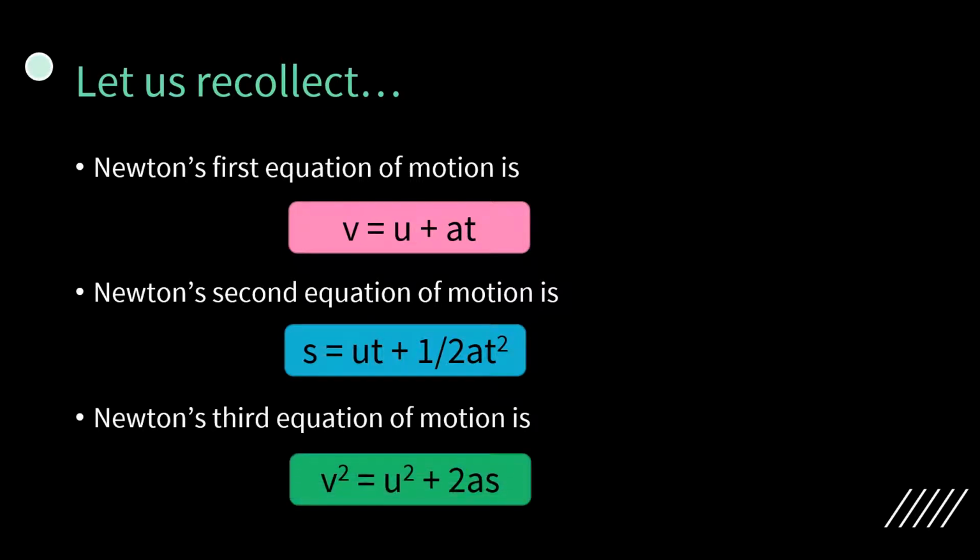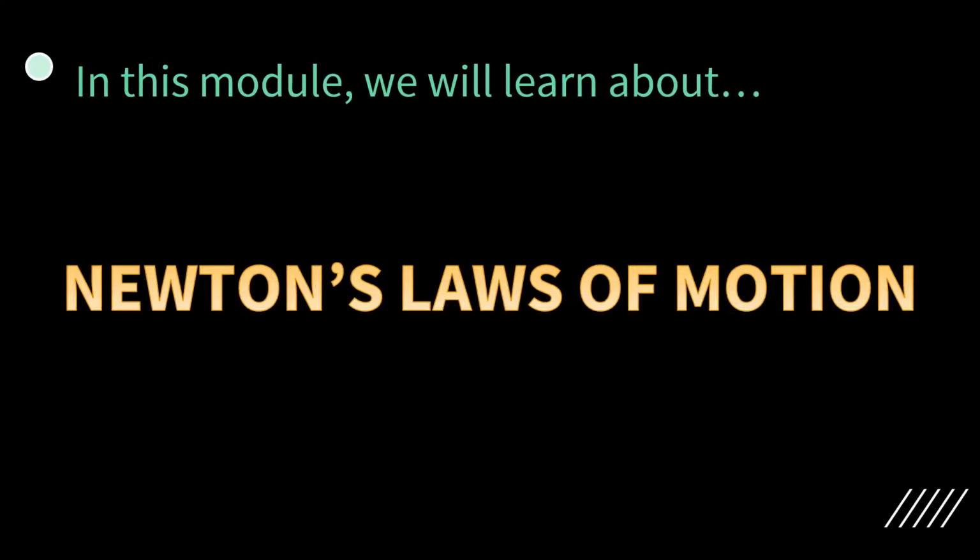Newton's third equation of motion, which gives the relationship between velocity and displacement, is v² = u² + 2as. In this module, we will be learning about Newton's laws of motion and also about the law of conservation of momentum.